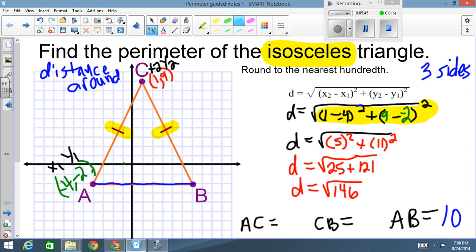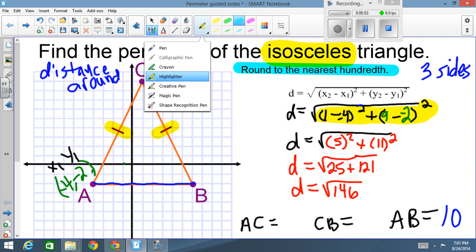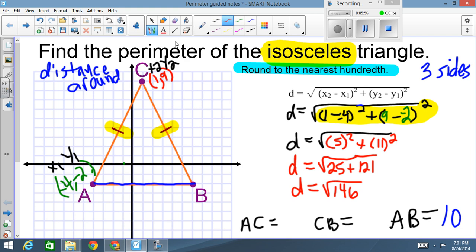Because this says round to the nearest hundredth, we're going to grab the calculator and put in the square root of 146. Oops, I'm not going to put an equal. When we approximate something, we use two tildes or two squiggly lines because that means we're approximating.